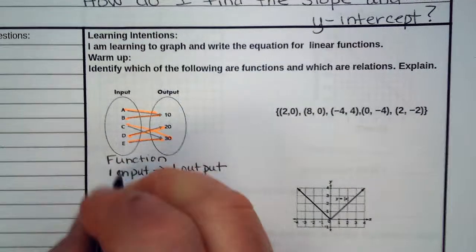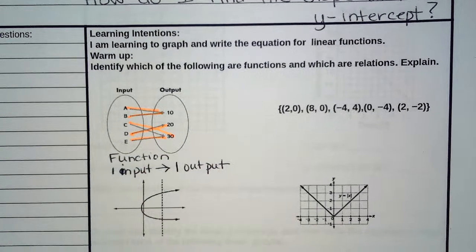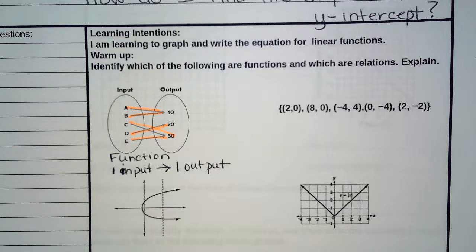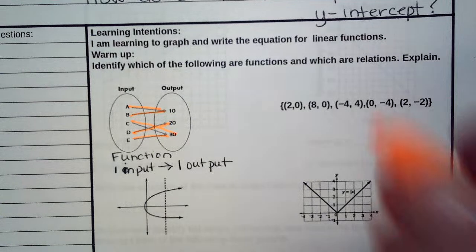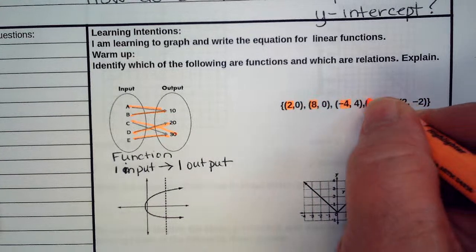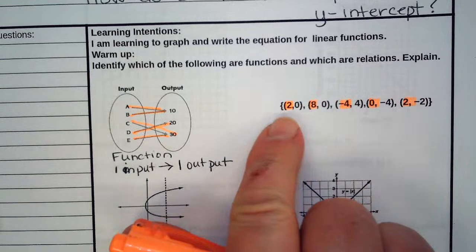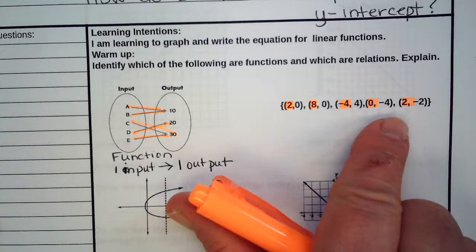Okay. Now, what about the next one? What do we focus on? If you said we focus on the x value only, you would be correct. So I'm going to read them out. 2, 8, -4, 0, 2.